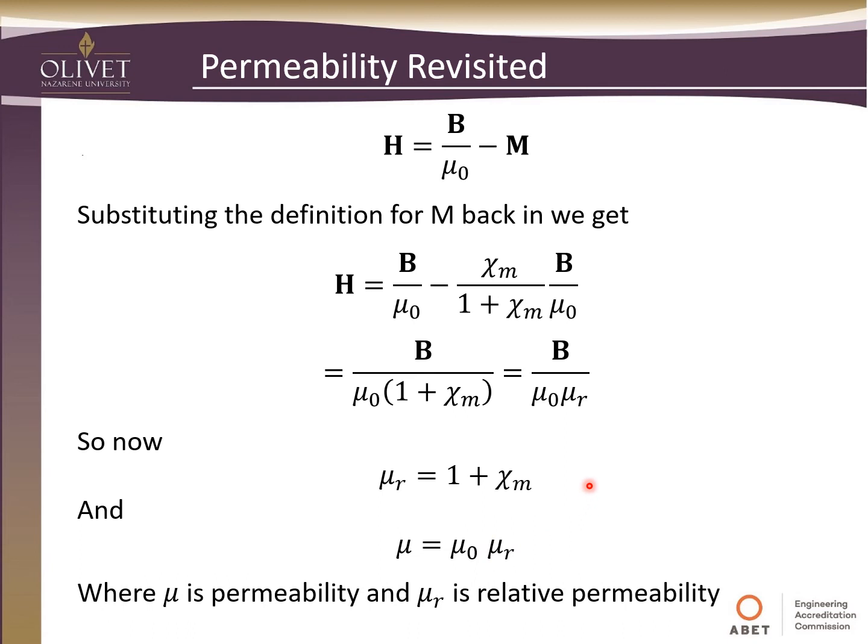So now we just refer to mu as the permeability, and that's due to the material. So we have to account for that by this relative permeability if we're dealing with some magnetic material. If there is no magnetic material, this chi sub m is 0, which makes this all equal to 1. So that's why we come up with mu sub 0 for free space permeability.